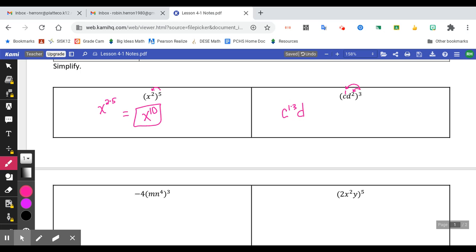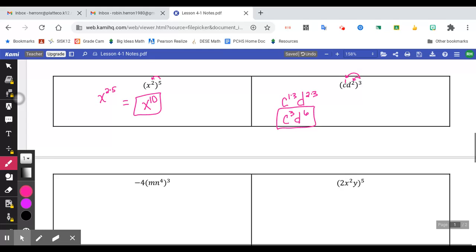And d is 2 times 3, which means this is c to the third and d to the 6th. And we can't combine those because they're different bases, so this would be your answer. You're distributing that number on the outside, the exponent on the outside, to everything on the inside as a power. We're multiplying it, okay? So, same thing down here.